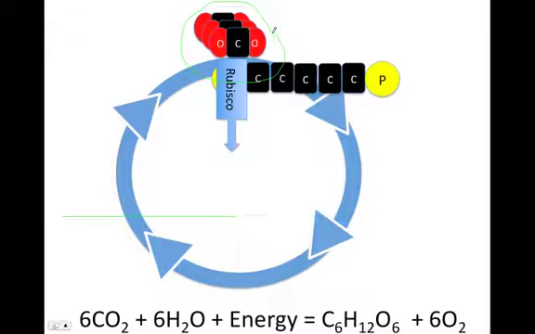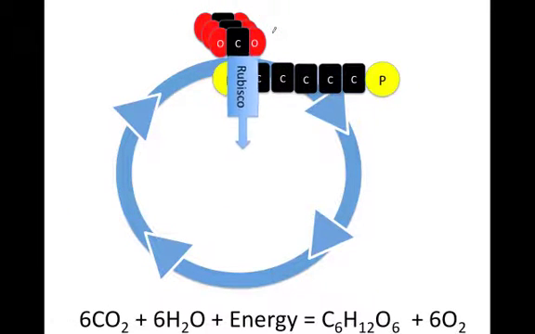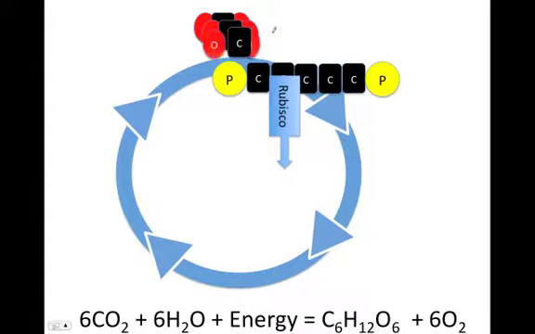The Rubisco is going to catalyze the breaking of the covalent bonds between the carbon and the oxygens, and then the formation of the covalent bonds between those 2 carbons. So now we have made it through the entire portion of the photosynthesis equation.